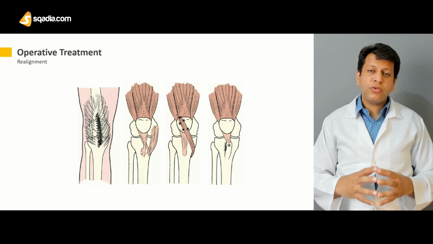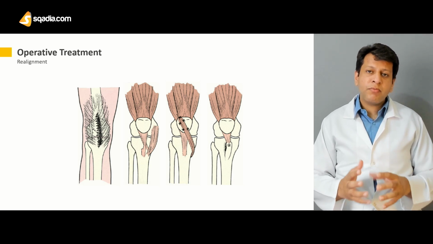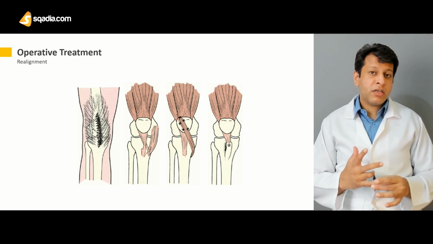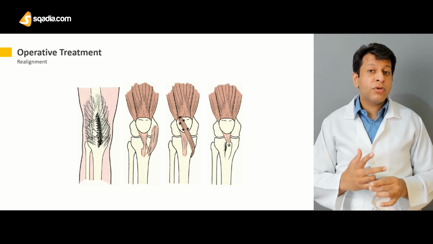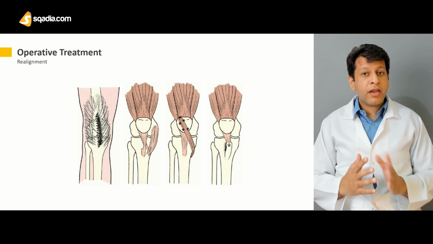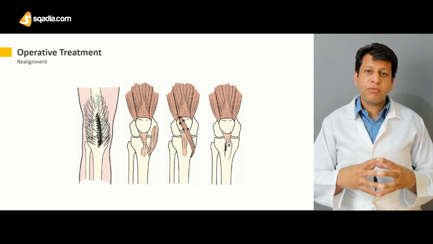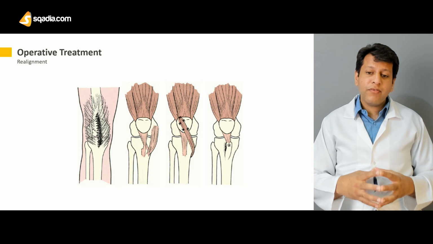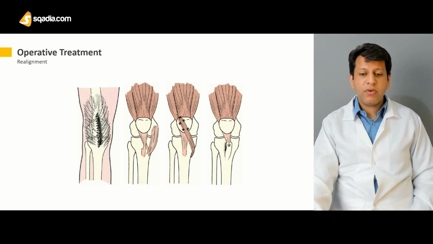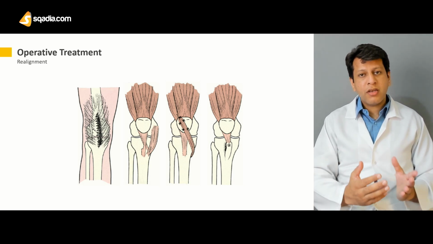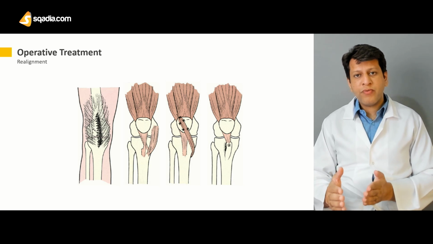Now, this is usually done where the problem is patellar instability and increased patellar tilt, leading to patellar maltracking and anterior lateral knee pain, leading to anterior knee pain syndrome. If that is the problem, one way of dealing with it is creating a more medialized pull of the patellar tendon.